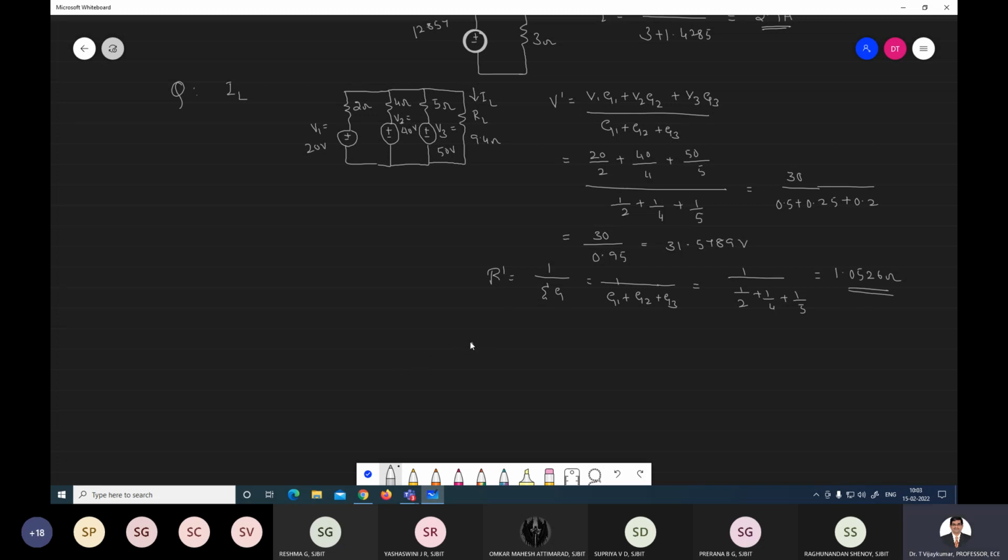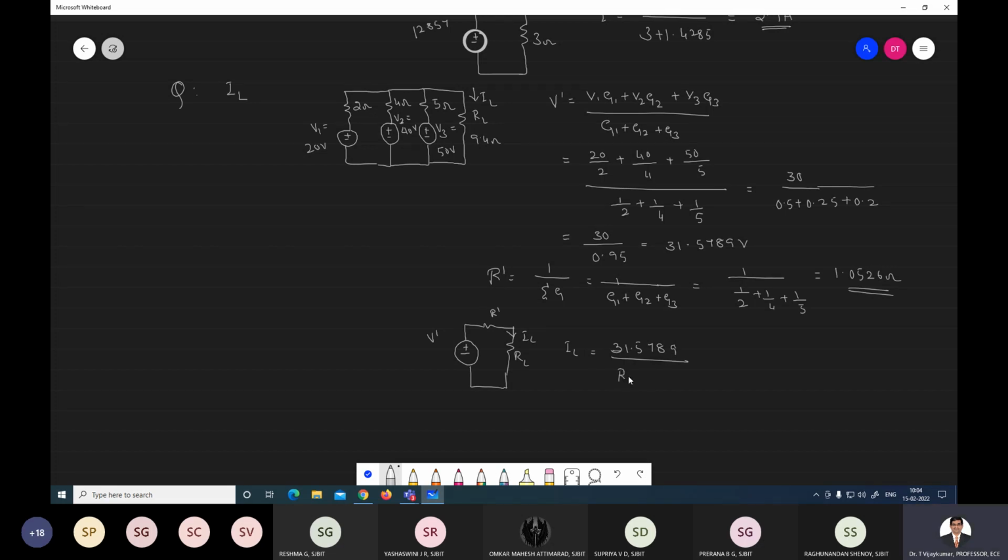So write the circuit, the Millman circuit. This is V dash, this is your R dash, and this is your RL, and the current is IL. So IL is given by V dash, that is 31.5789 divided by R dash plus RL.